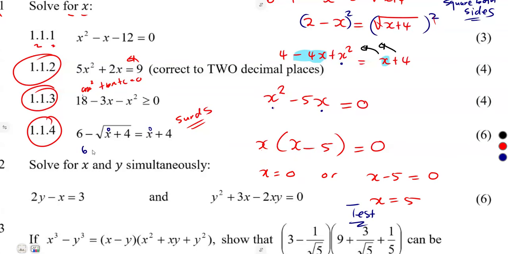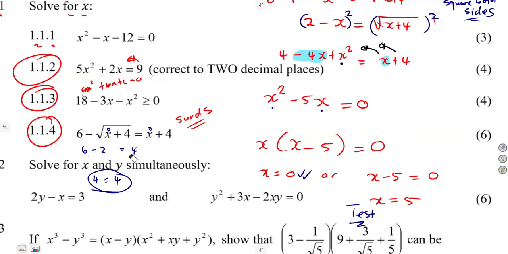So it was going to give us 6 minus the square root of 0 plus 4. That is going to give us 4. The square root of 4 is 2. 6 minus 2, that's 4, and that is equal to 4. So as we can see, the left-hand side and right-hand side are equal when x is equal to 0. So we need this one.